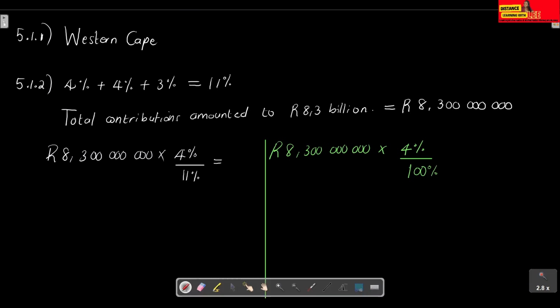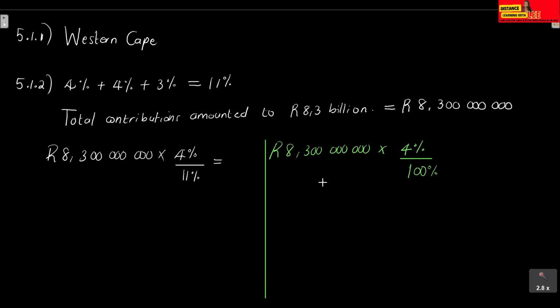Okay, because someone out there might have thought that, okay, I can just take the 8.3 billion and multiply that by 4% because we already know that the Western Cape made 4% of the contributions, and you divide it by 100. Okay, so we can't do it in this way. Why? Because we are not told that this 8.3 billion represents the contributions made by all the provinces.